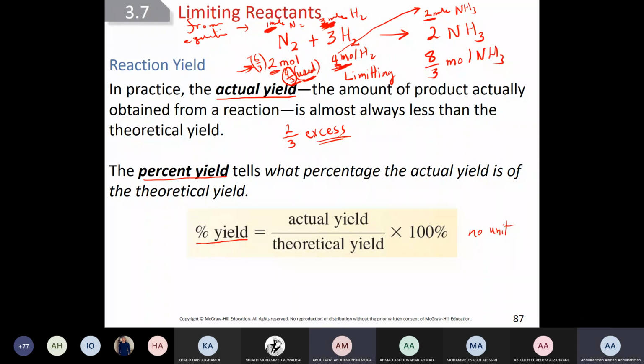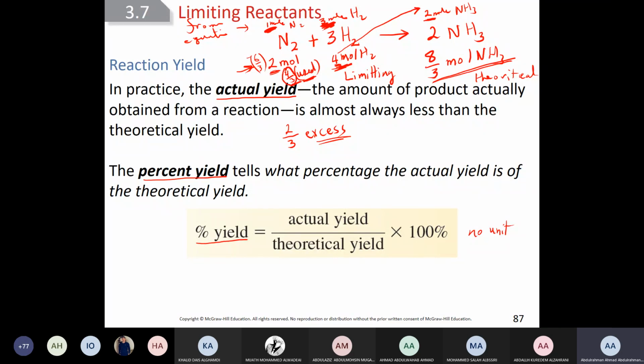Are you following now? What do we call the 8/3 mole NH3? A theoretical yield. Theoretical yield. All right. Okay, good.